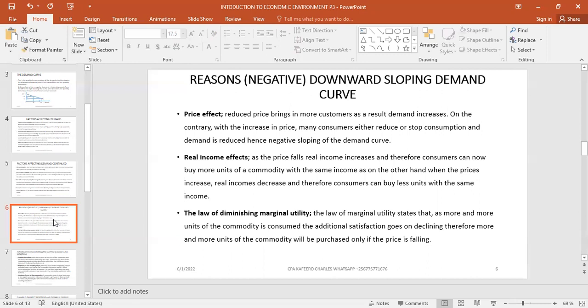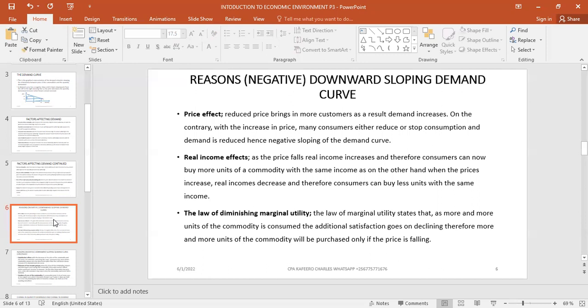If the price for certain commodities has increased, you expect some people to leave the consumption of certain items to some extent, and they say, you know what, let's give it a break, we shall resume when the prices go down.